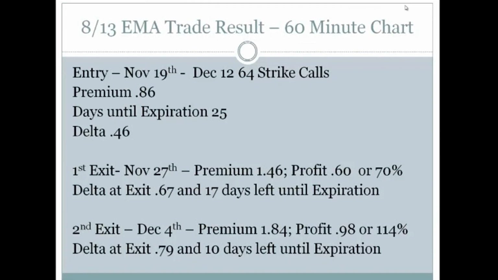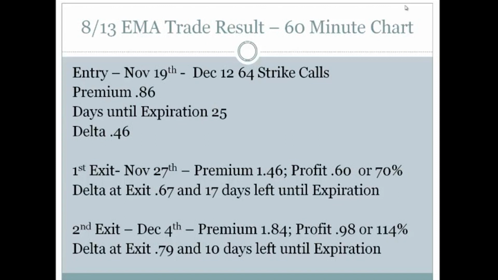So on that particular trade that we just followed, had you entered on November 19th and purchased the December 12th 64 strike calls, the premium was 86 cents, and the days until expiration were 25. The delta was 46.